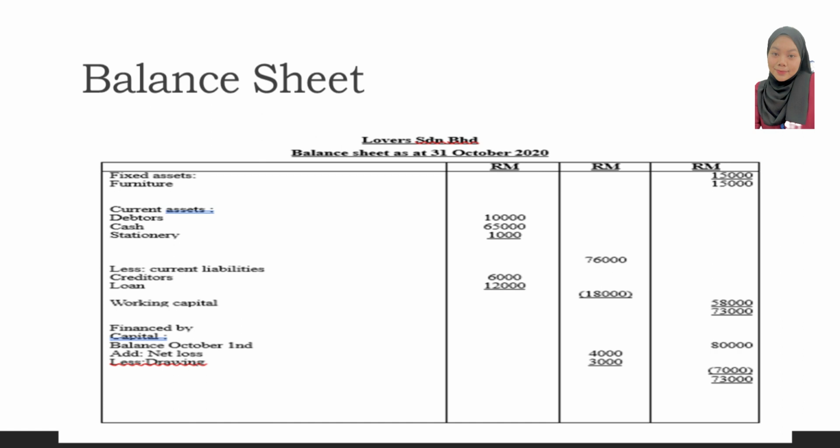And last, we have financed by capital balance October 1 of 80,000. Add net loss of 4,000 plus less drawing 3,000 is 7,000. To get the balance for the balance sheet, we must minus 80,000 with 7,000. So the answer is 73,000, same as the working capital. So this Lover's Sendirian Berhad balance sheet is balanced.